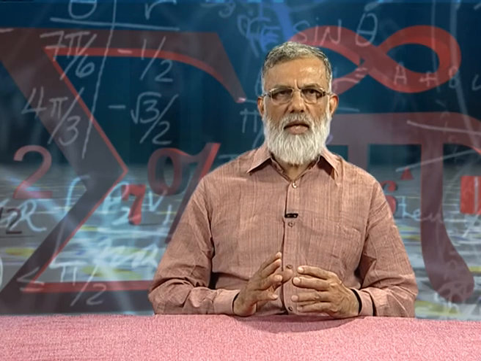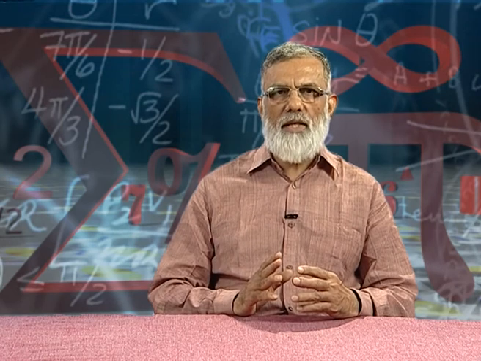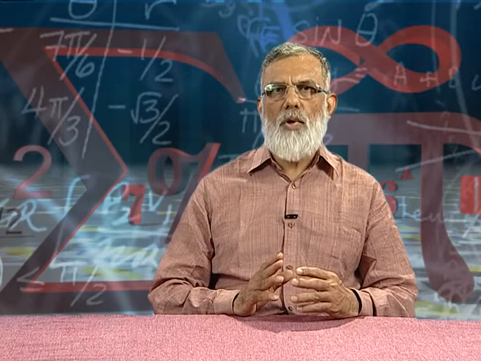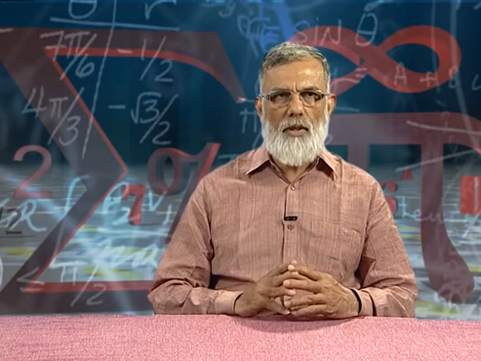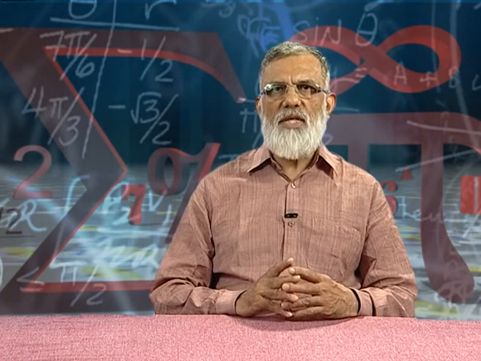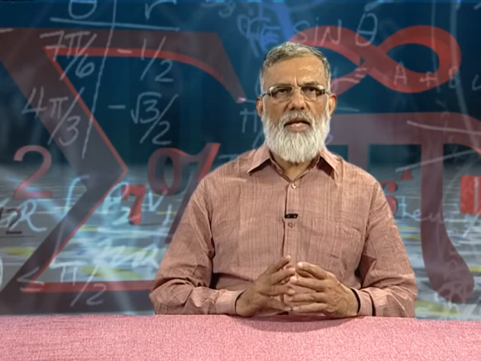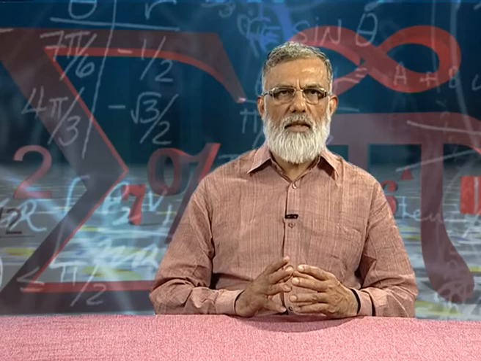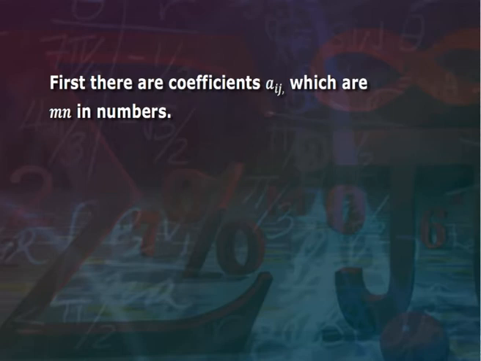Now we are in a position to define a matrix with proper motivation. If we look at these equations closely, we immediately understand that three types of entities are involved. First, there are coefficients Aij, which are mn in number.